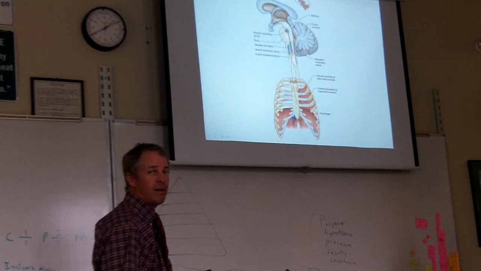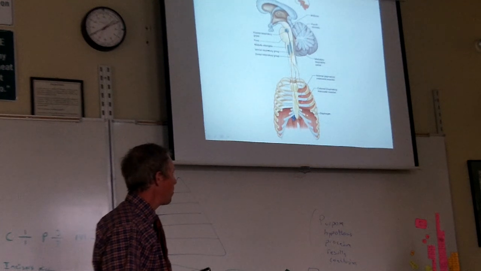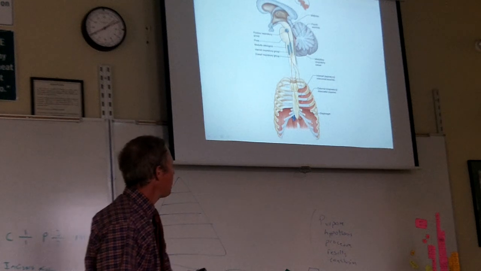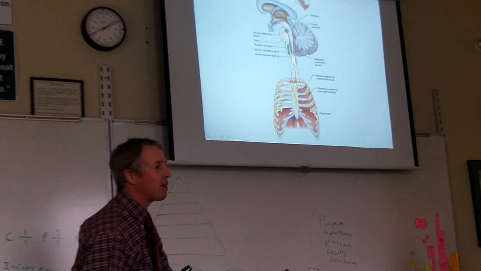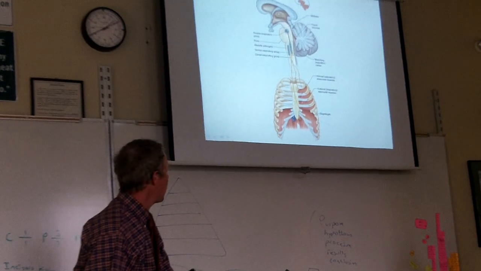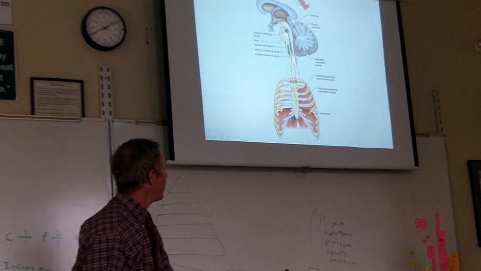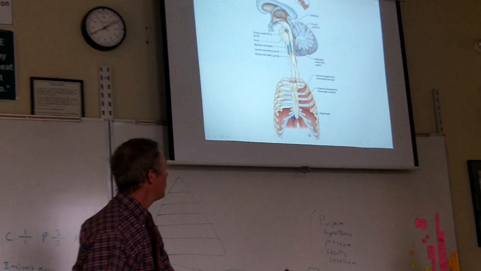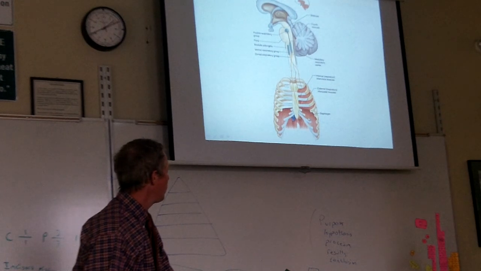Are you all following here? The diaphragm does most of the breathing for you. If you ever have brain damage and that area stops working, you'll stop breathing. A lot of people have to be on a ventilator if they've had brain damage. The ventilator helps send the signals to the diaphragm to breathe for you.